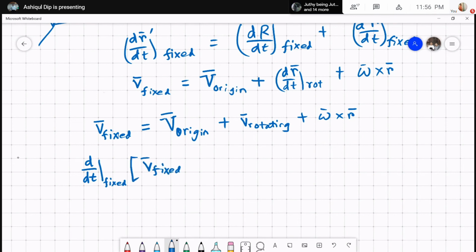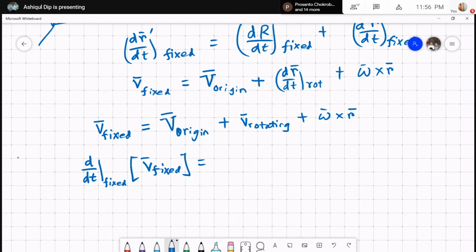Are you okay with this notation? Do you get what I'm saying? This is the derivative seen by the fixed observer, basically.